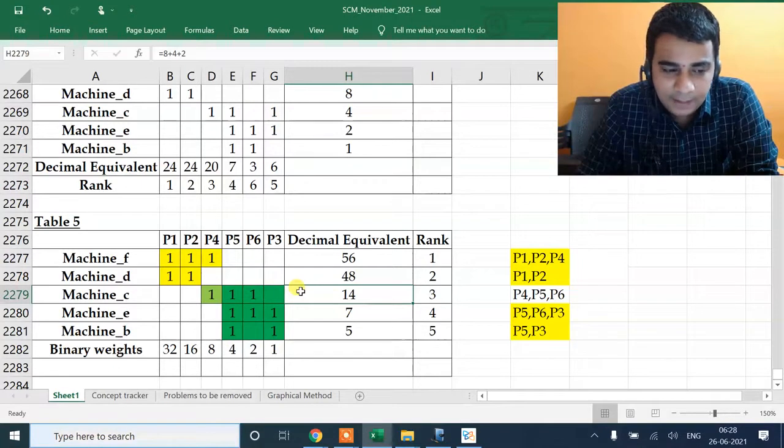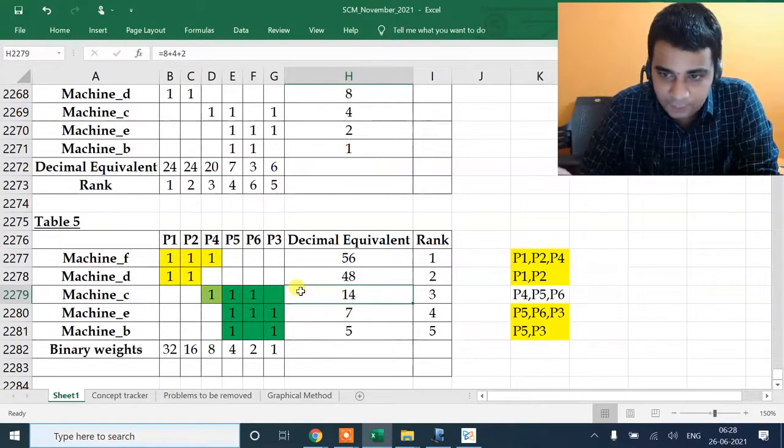I'll again repeat. P1, P2, machine F, machine D, they are kind of linked in cell 1. P5, P6, P3, machine E, machine B go to your cell 2. There was no trouble with all of this. The trouble is with your part 4.